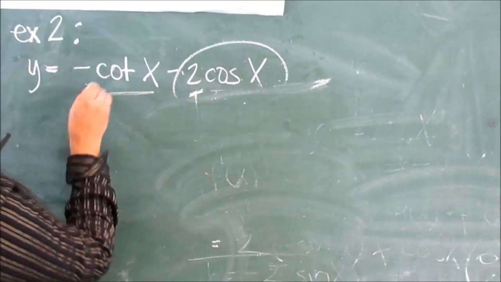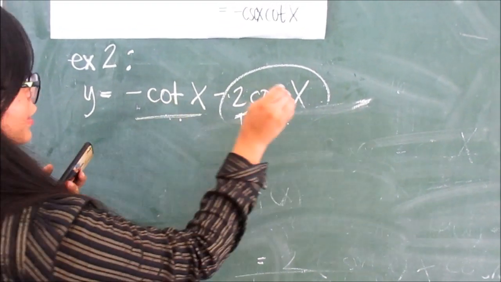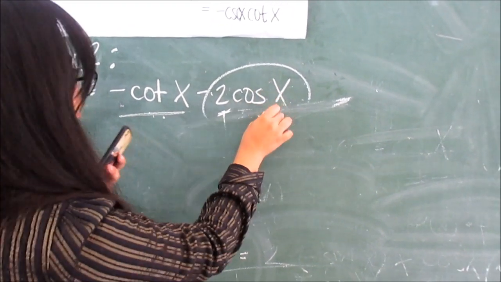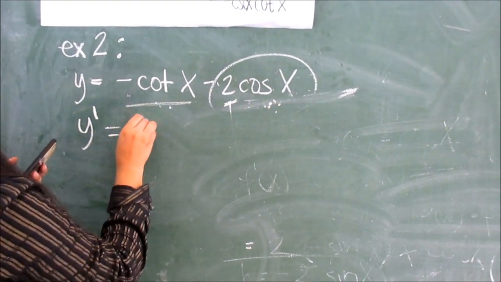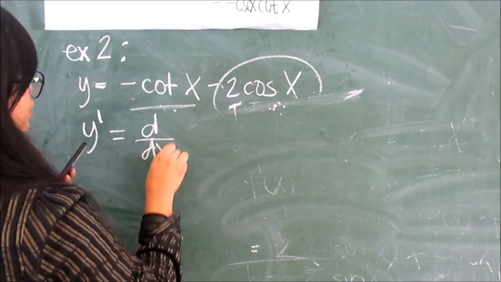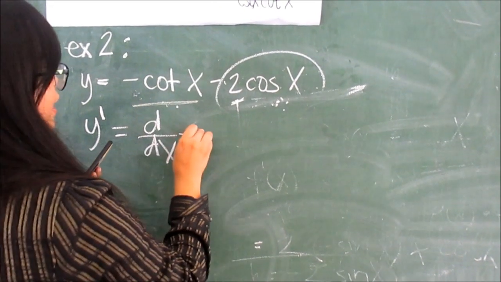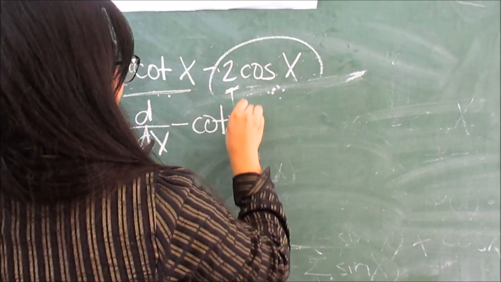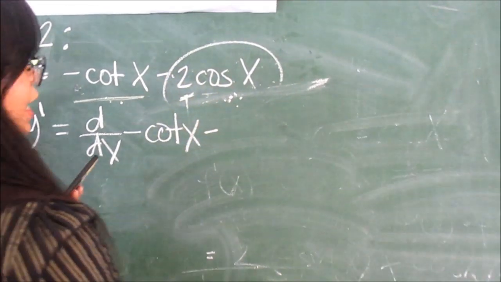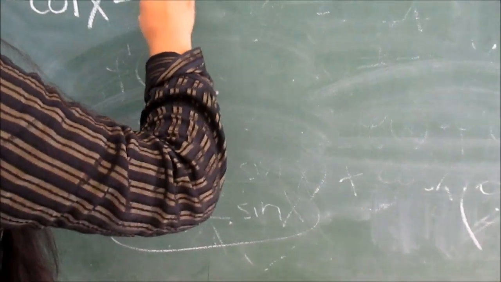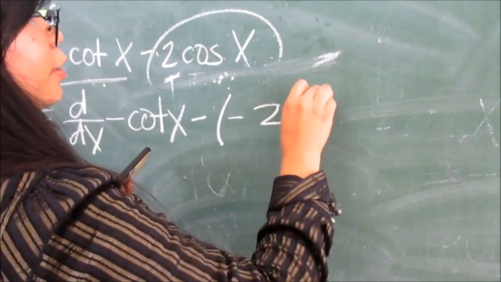So, ito na ang derivative sa part na ito. Hanapin na natin yung derivative din nito at ito. So, alam na natin ang derivative nito. So, we have y prime is equals to the derivative of negative cotangent x minus ang derivative na kuha kanina, is negative 2 sine of x.